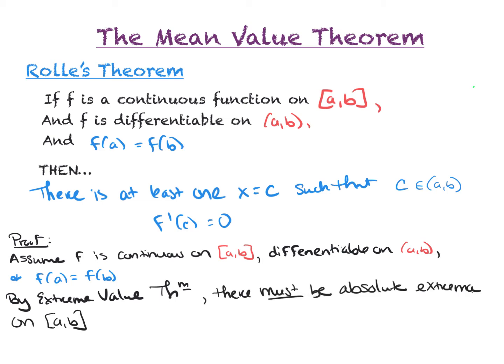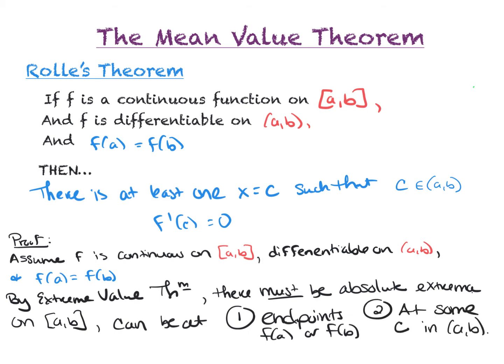Well, these extreme values, the absolute max and absolute min, can occur at one of two places. They can either occur at the endpoints at f of a and f of b, or they can occur in between a and b.